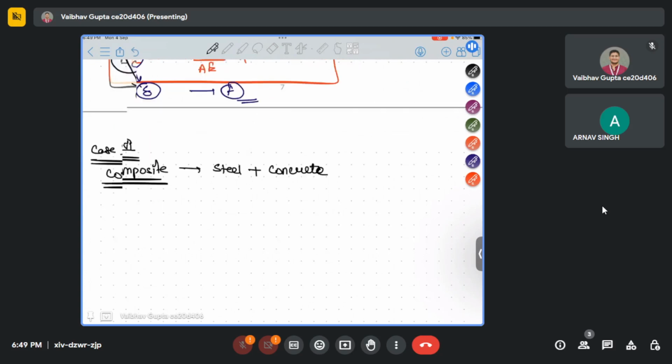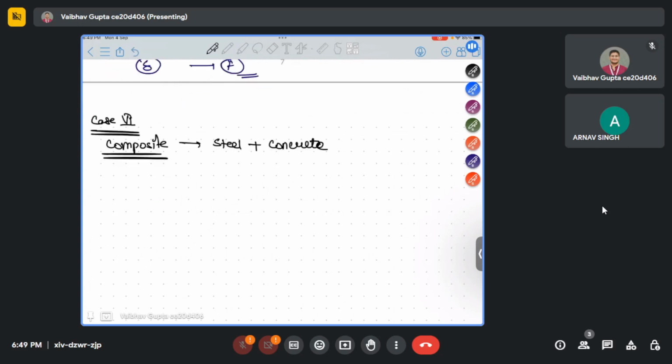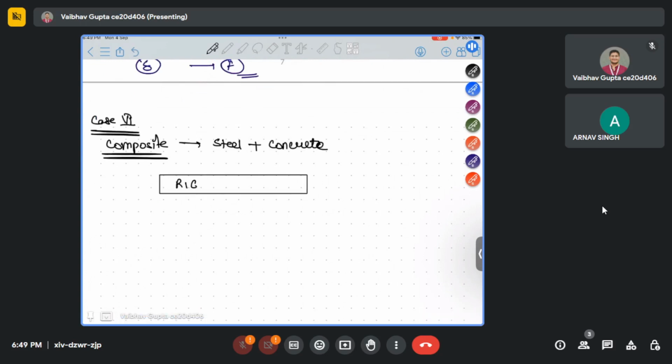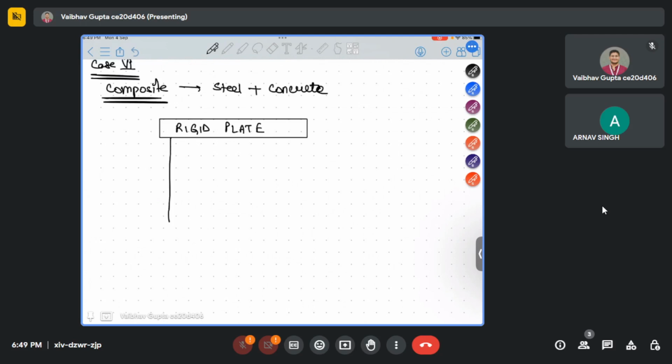Okay, a cylinder has been given to us. Suppose in the example, I'll take just the example. This is a rigid plate. It is supported by two steel columns like this.